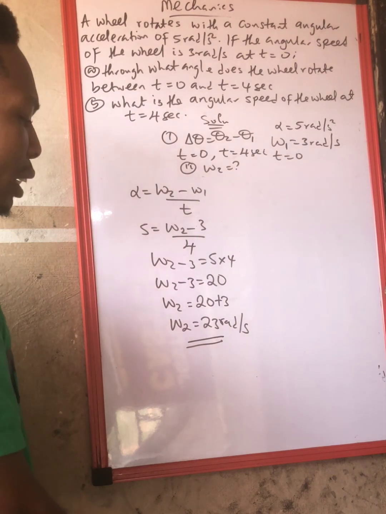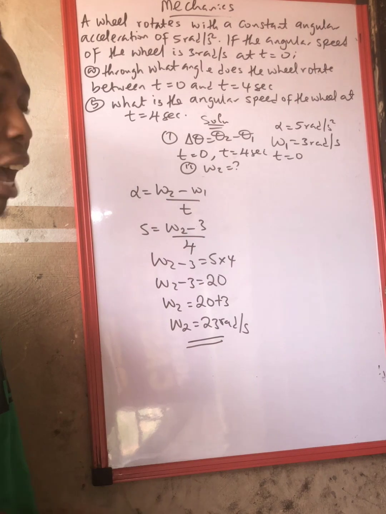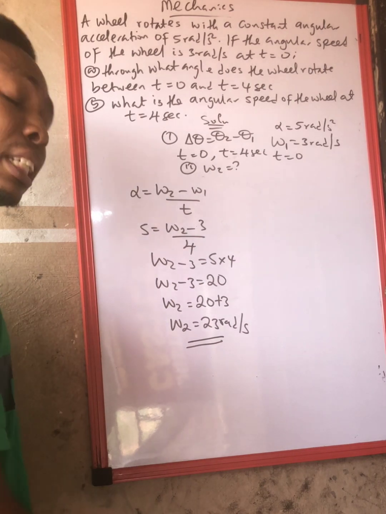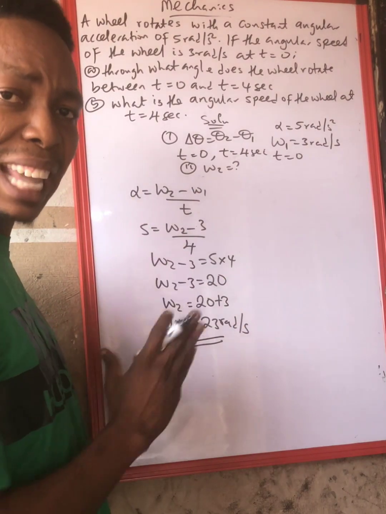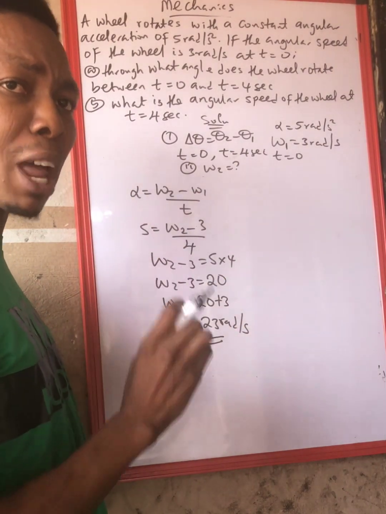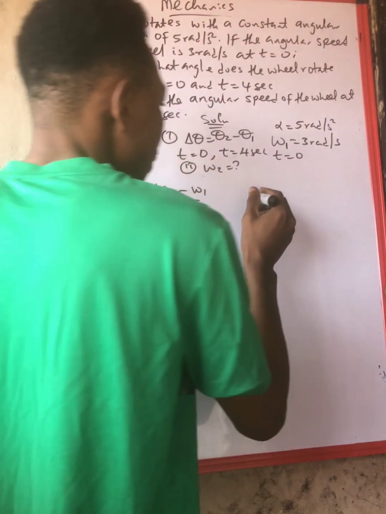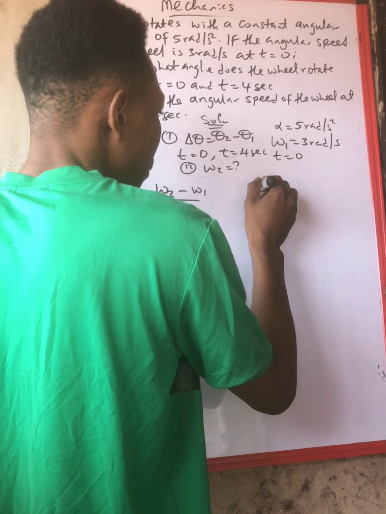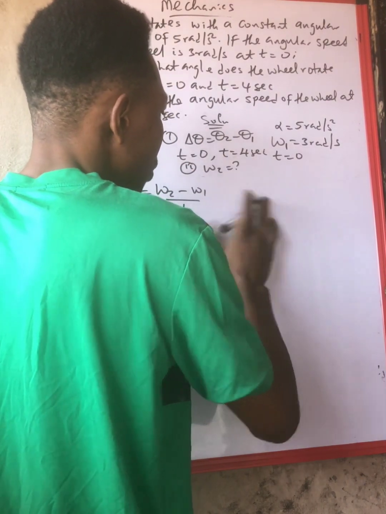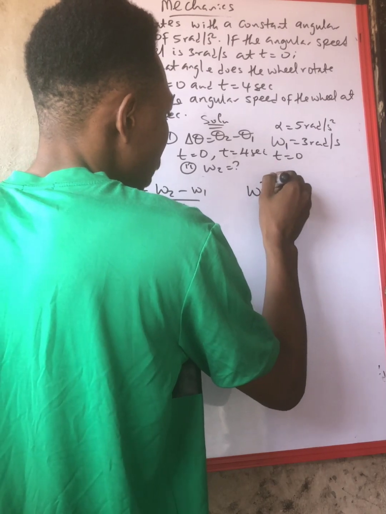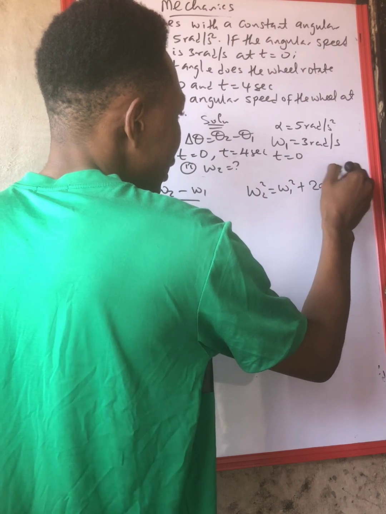Now if maybe you don't want to use this formula, I also gave you other formulas that relate to W2. The truth is, whenever you are applying a formula, as far as the parameters are there, you must arrive at the same answer. I also gave you W2 squared equals W1 squared plus 2 alpha theta.